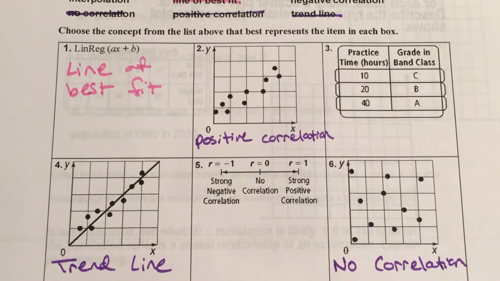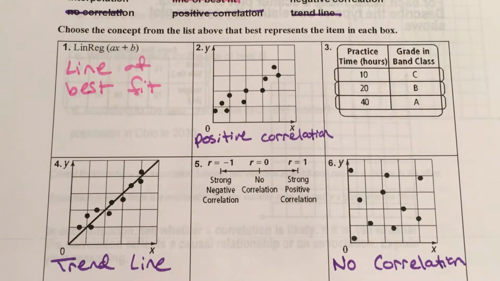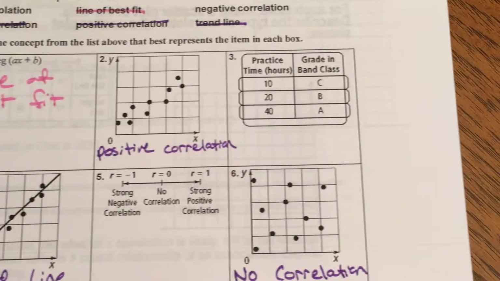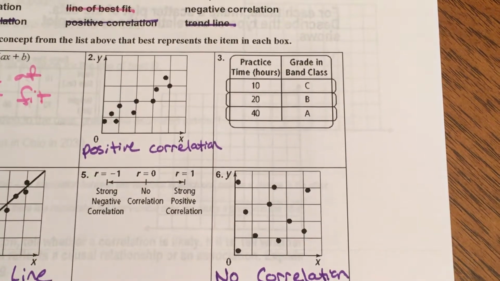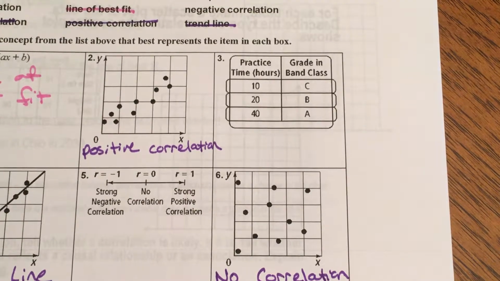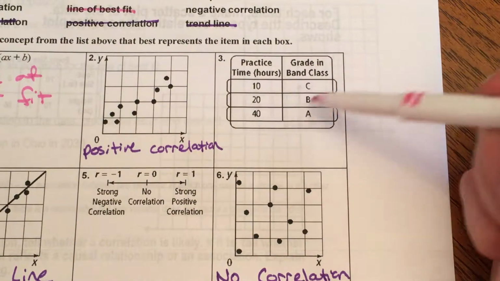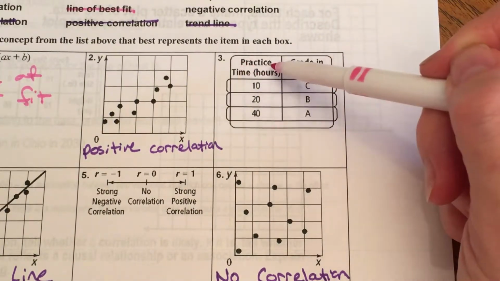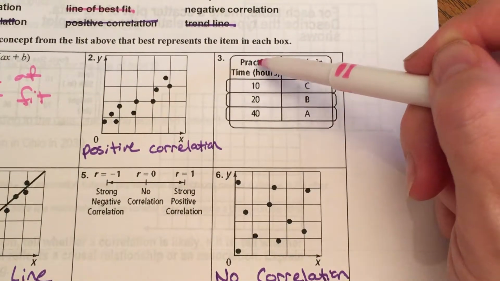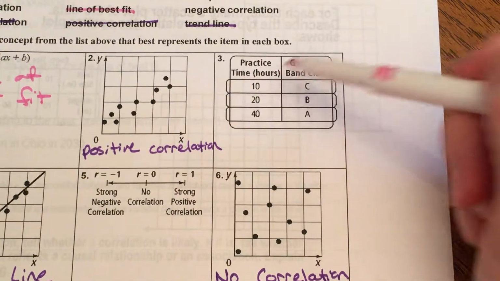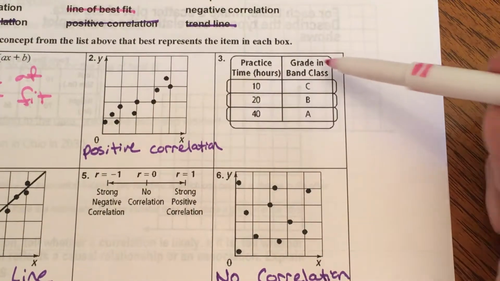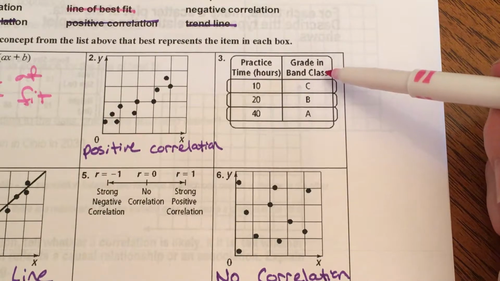Okay. So here on number 3. This is something we haven't discussed at all yet. This table shows a correlation between the amount of time in hours that you practice and your grade in the class.